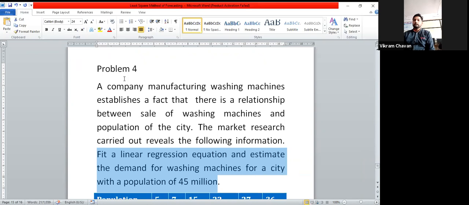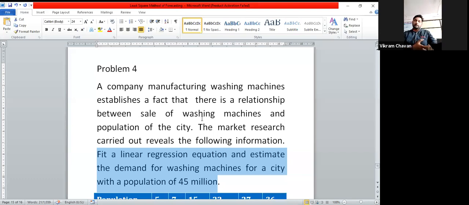Okay, so now this is the population and washing machine sale relationship. The company came to know that there is a relationship between washing machine sales and the population of that particular city.